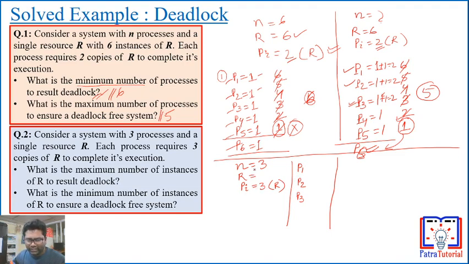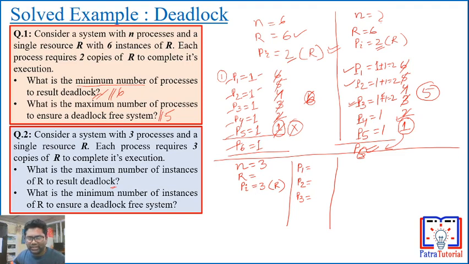It is saying n equal to 3, so 3 processes are there, and we have to make sure that the system will go to the deadlock state, and we have to find out the maximum number of instances. Maximum number of instances means what? We have to allocate the maximum requirement minus 1.